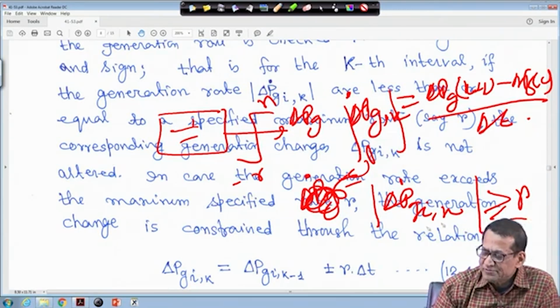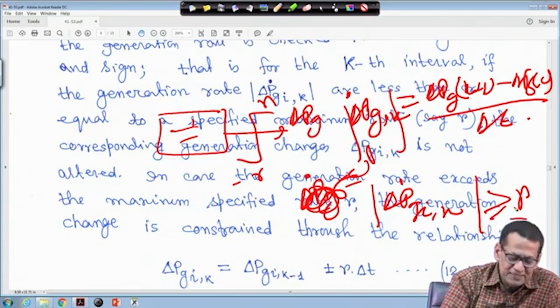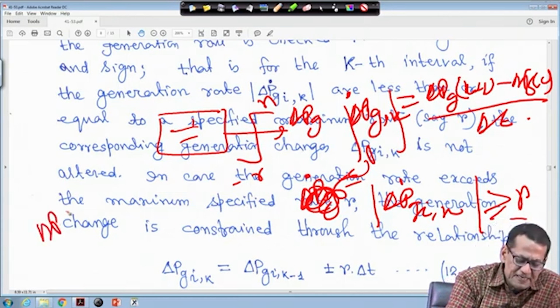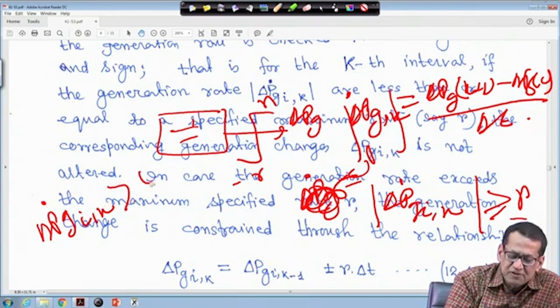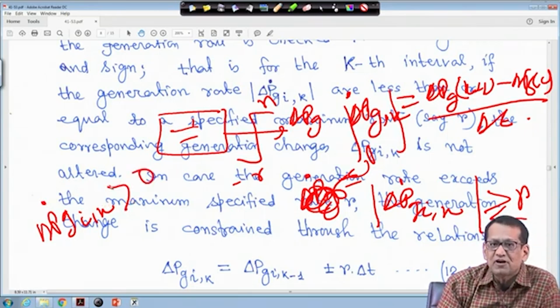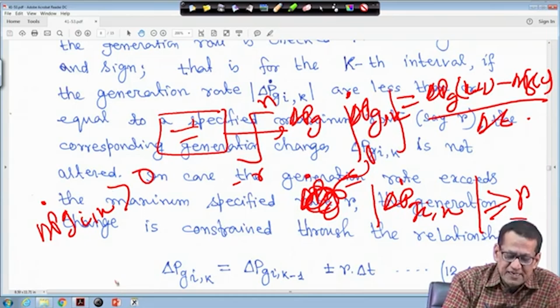If the absolute value is greater than r, then you check whether it is positive or not. That means you check whether delta Pgi k dot is greater than 0 or not. If it is positive, you constrain it to r.